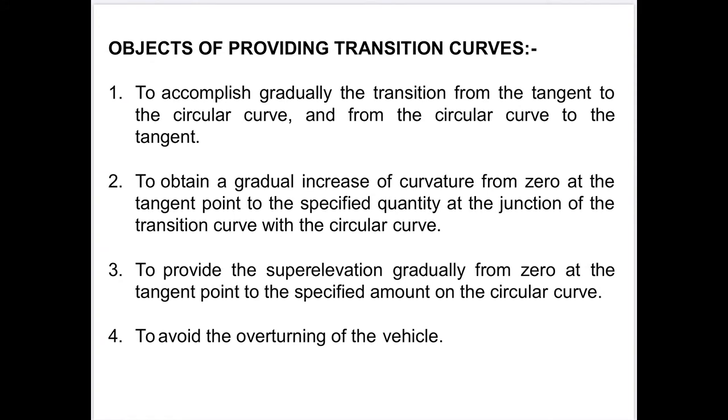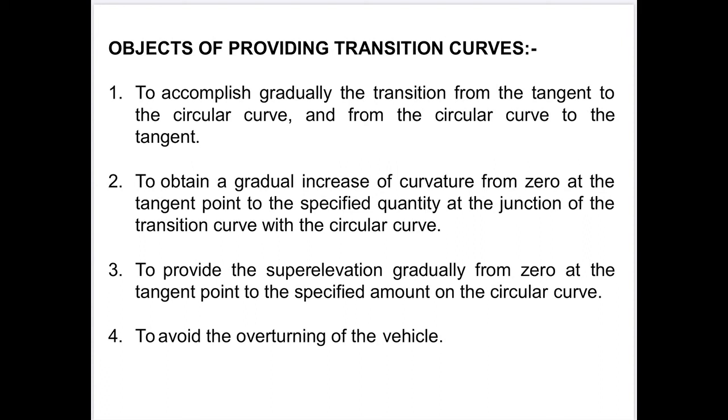To accomplish gradually the transition from the tangent to the circular curve and from the circular curve to the tangent. Whenever you are traveling on a straight path, if we have to take a turn, it will start gradually, so that we don't have to reduce our speed, we can take the turn at the same speed.